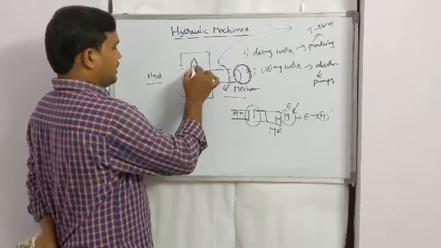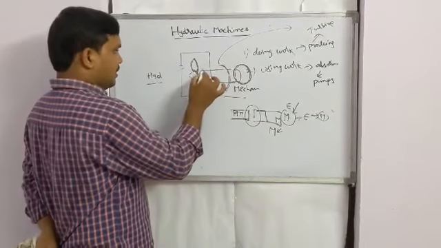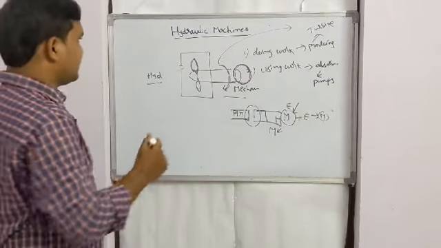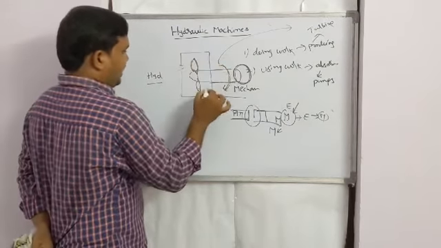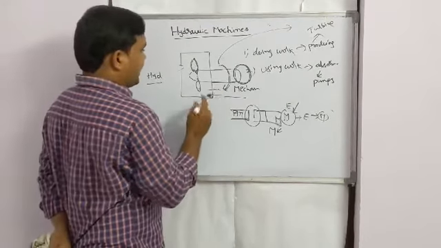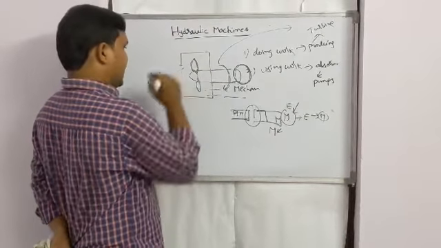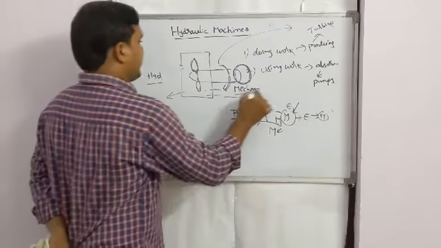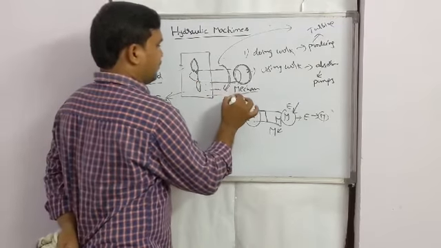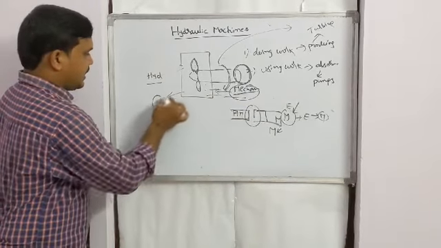When it rotates, the blades move around the circumference, this flow path of the shaft. If you connect any hydraulic system or any hydraulic pipe, what happens? Hydraulic energy comes out from this hydraulic machine. Means for this machine we are giving mechanical energy and we are getting hydraulic energy.